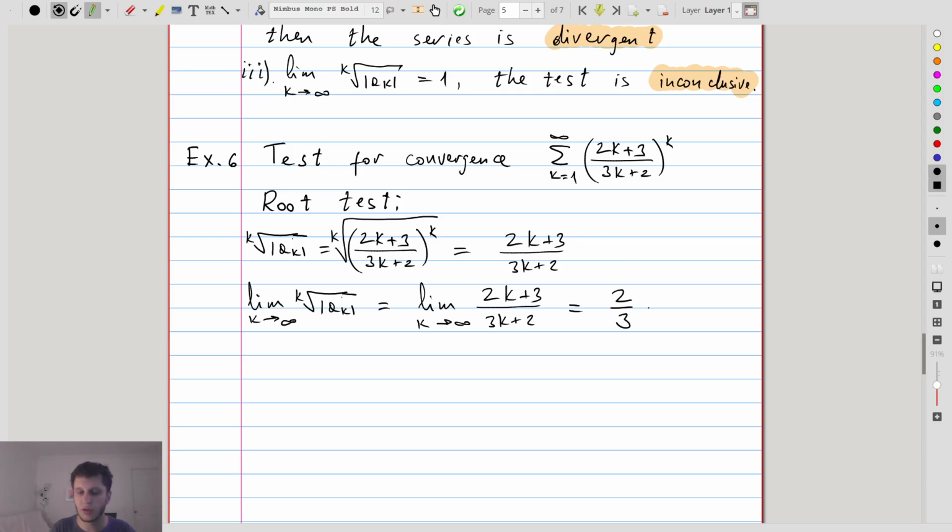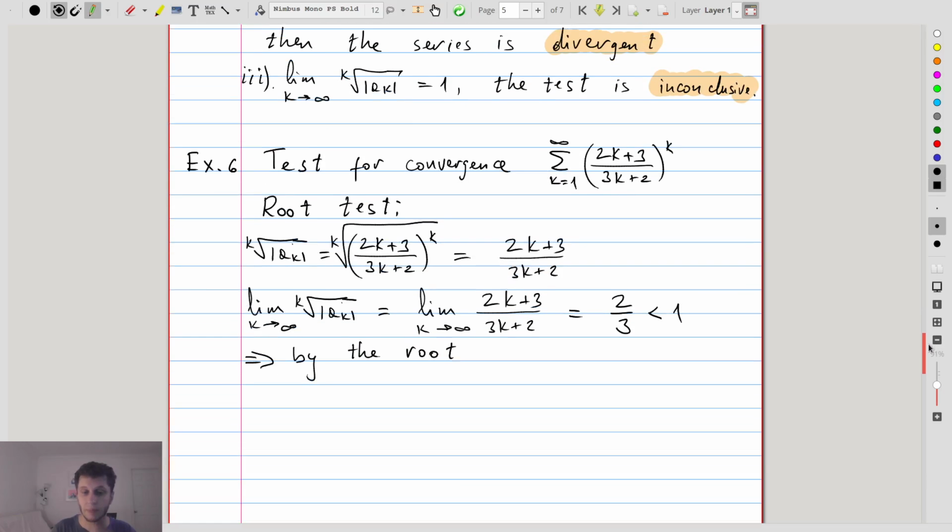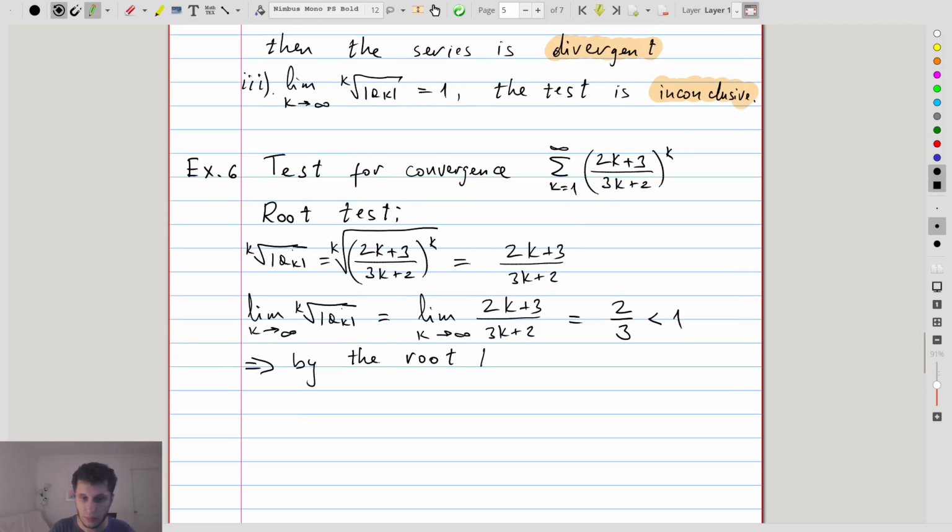Now the important part, of course, is that 2/3 is less than 1. And so by the root test, this series is convergent. In fact, it is absolutely convergent, which is an even stronger property. Of course, here we have a series with no negative terms, so absolute convergence is exactly the same as convergence, so it's not particularly important, but in general, whenever the root test gives a positive answer, then it necessarily tells you that the series is absolutely convergent.